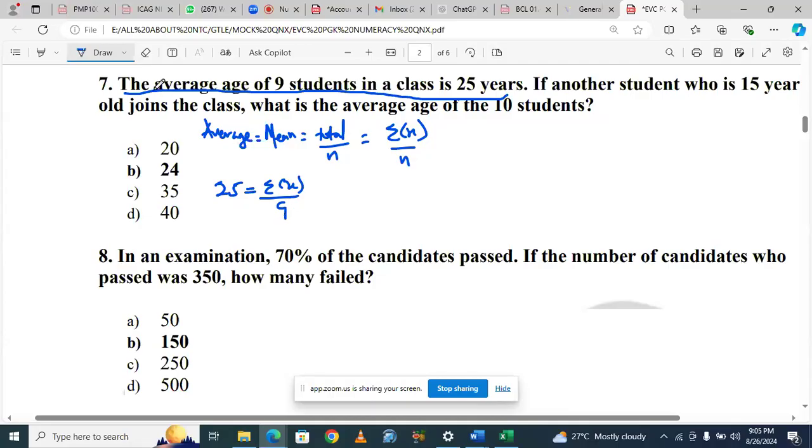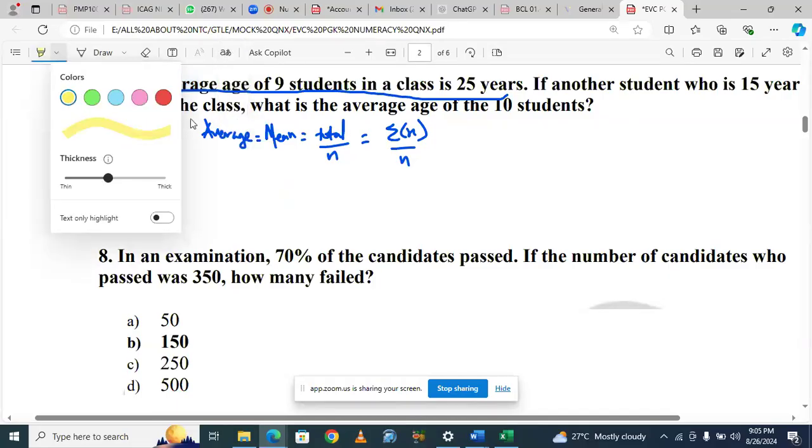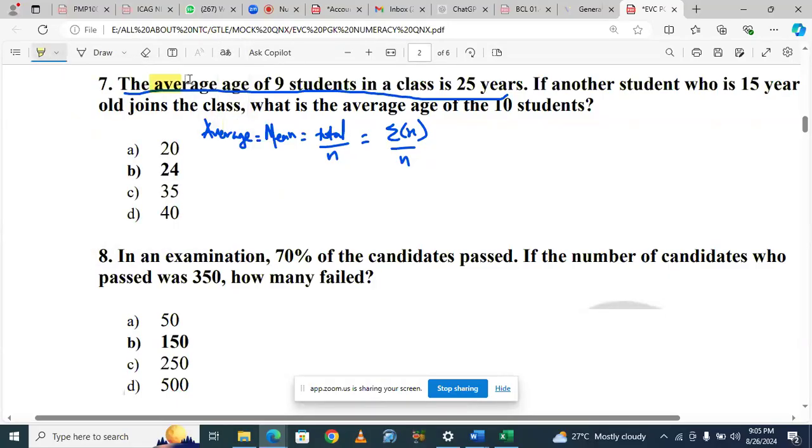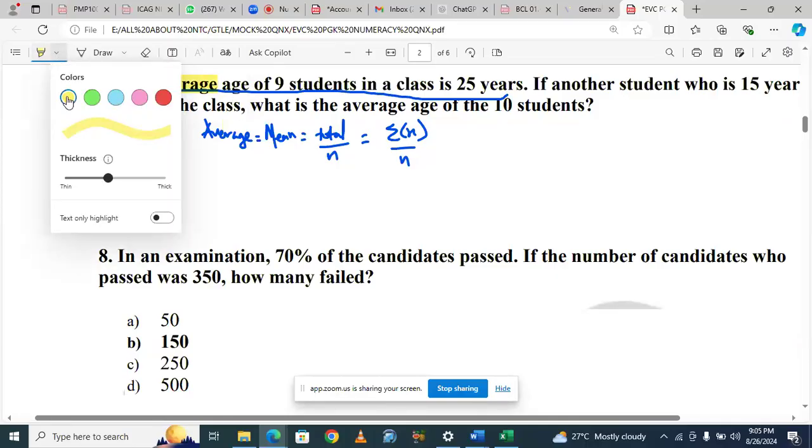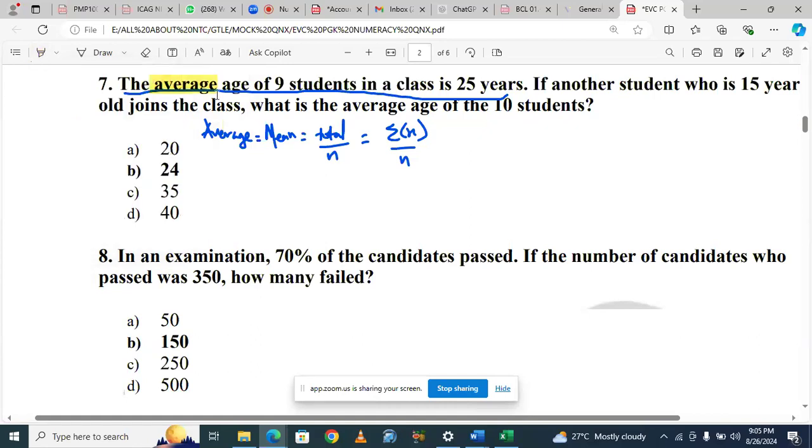All right. Let me take my time and go over again. Now, we are saying that in mathematics, when we say average, we are simply referring to the mean, right? And the formula for finding the mean is sigma x all over n.